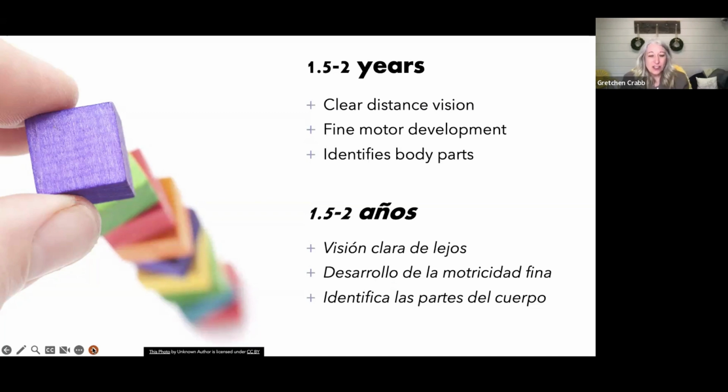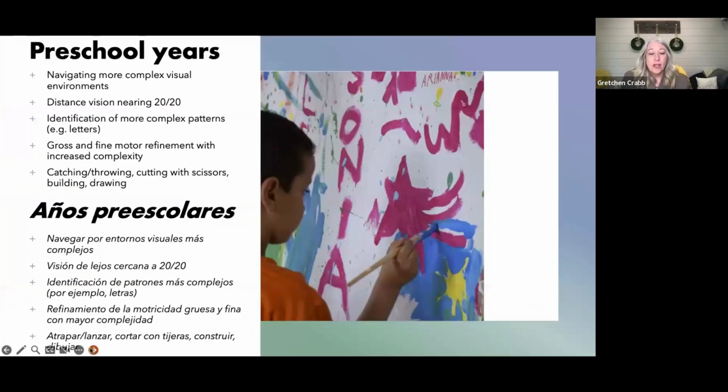So things at this stage that we're promoting are again block stacking and shape sorting, and you can see how more complexity comes into play, more so than the development of acuity and color vision. And then finally in the preschool years, so about 3 to 5 years old, toddlers start navigating more complex visual environments.